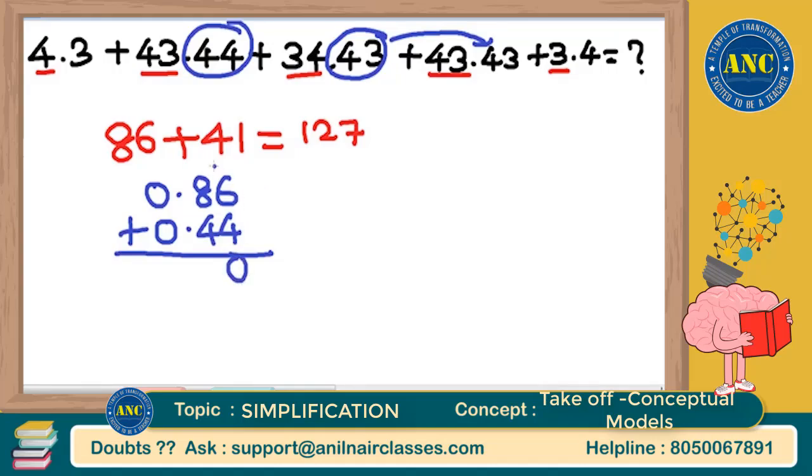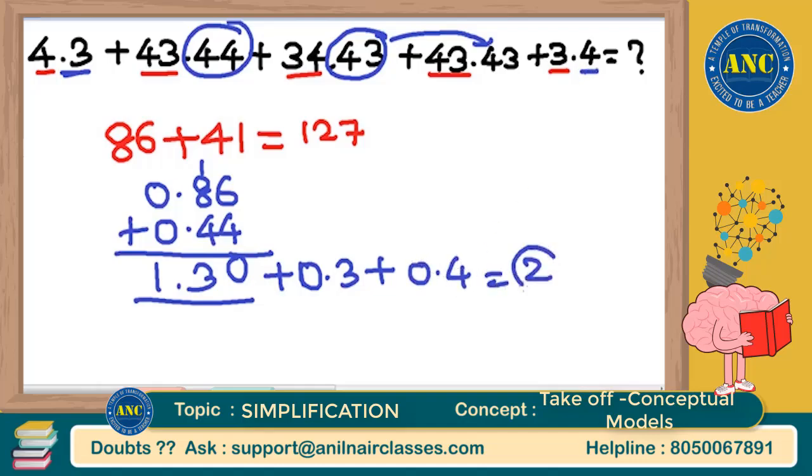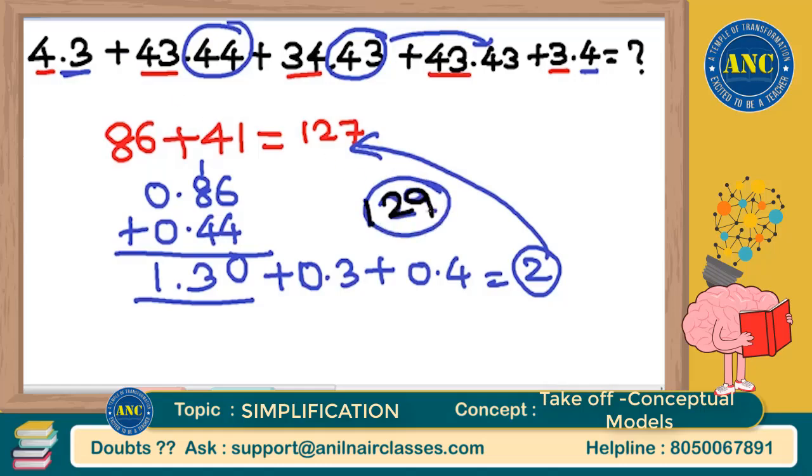So it is 10 and then 12, 13, it is 1.3 anyway. Now what else is left? 0.3 is left. It becomes 1.6 and then 0.4 is left. It becomes 2. For this 2 add 127. It is 129. This kind of problems should not be a difficulty for you people, sir.